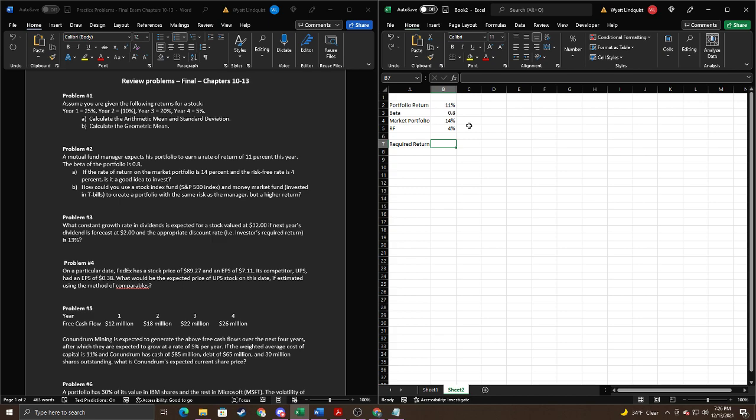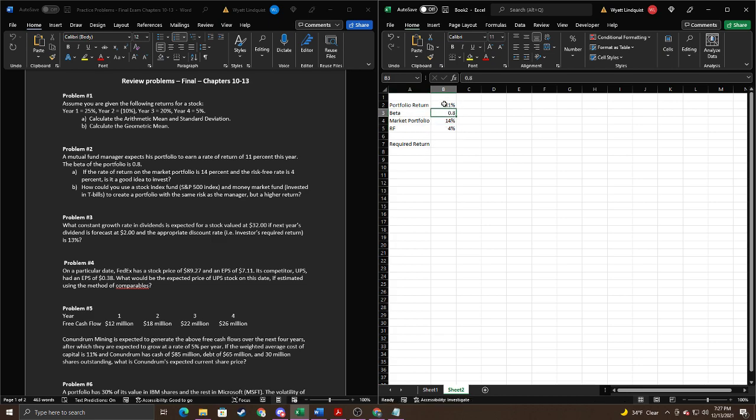So essentially the question we're going to ask here is, what is our required return given these three things: the beta, the market portfolio, and the risk-free rate. That will determine if our portfolio return is good or bad.